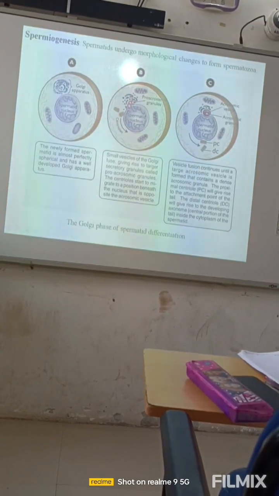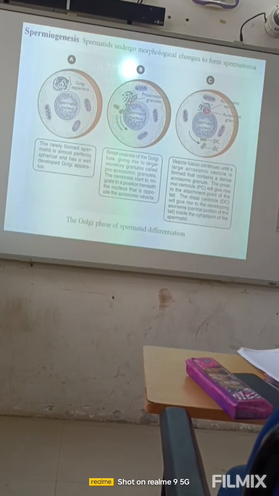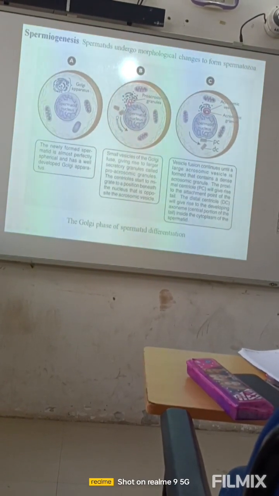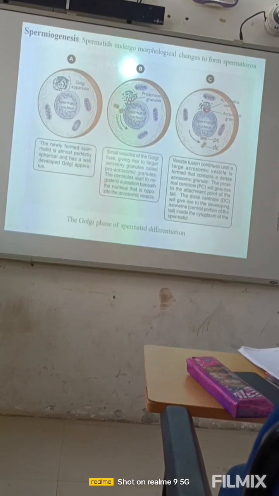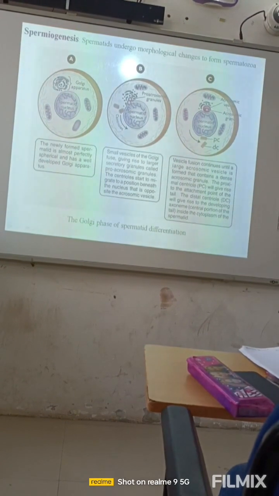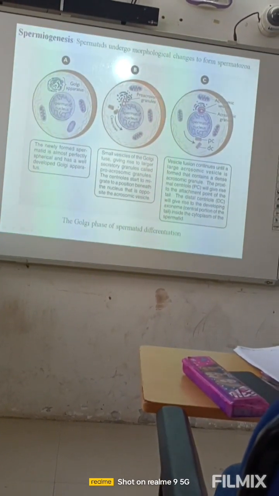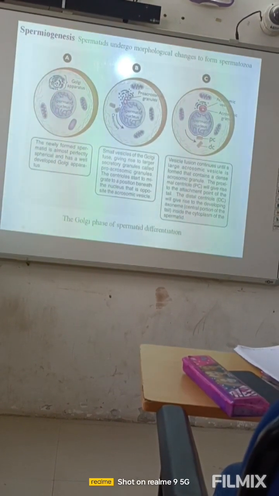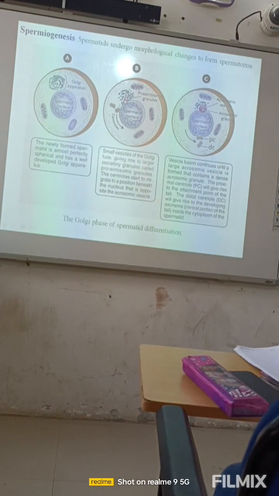proacrosomal granules. The centriole starts to migrate to the position beneath the nucleus, opposite the acrosomal vesicle. In the third step, vesicle fusion continues until a large acrosomal vesicle is formed, containing dense acrosomal granules. The proximal centriole will give rise to the attachment point of the tail.